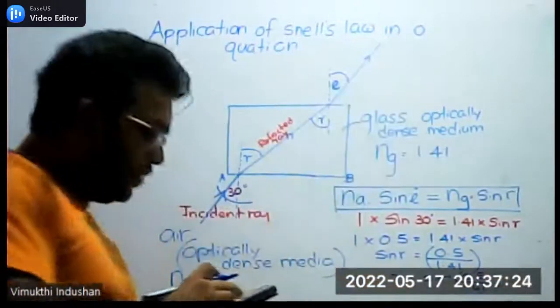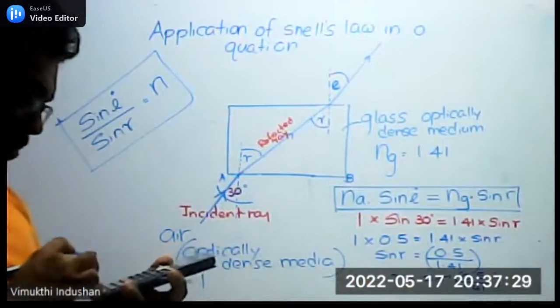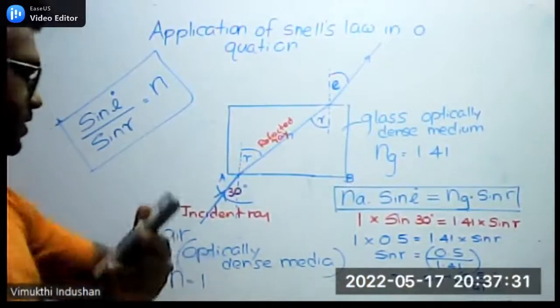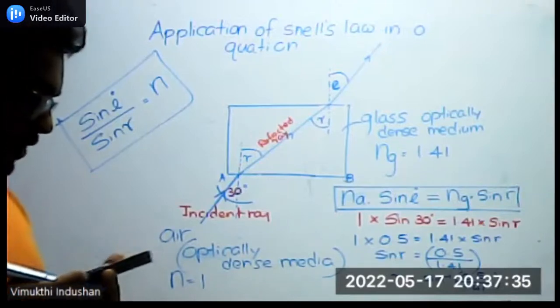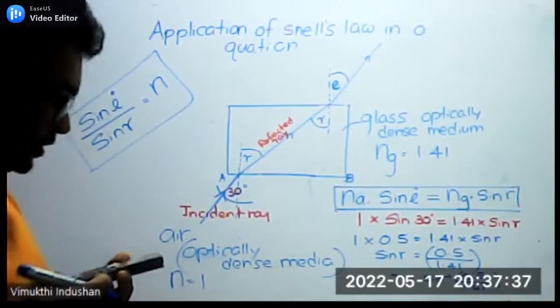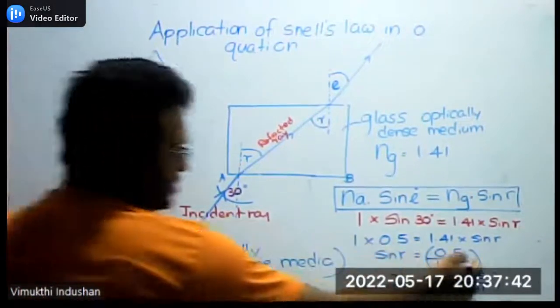So take your values: 0.5 divided by 1.41 gives you about 0.44. That is the answer of this fraction.